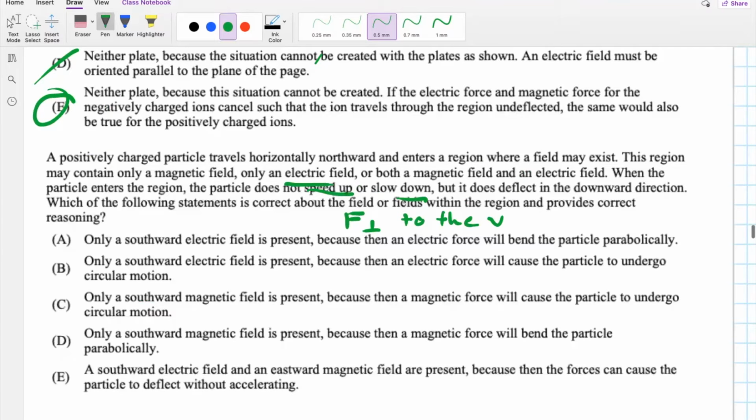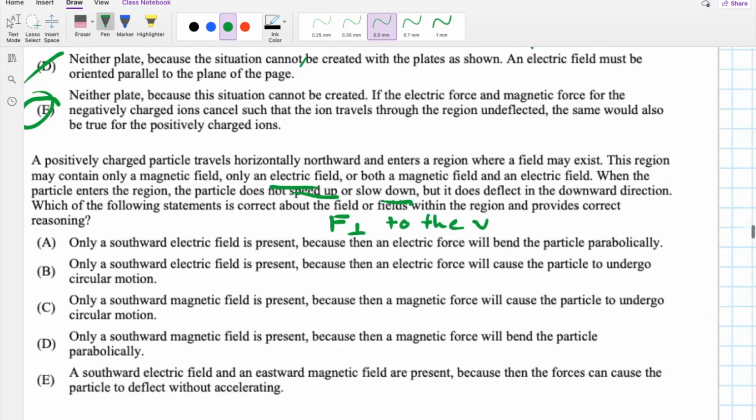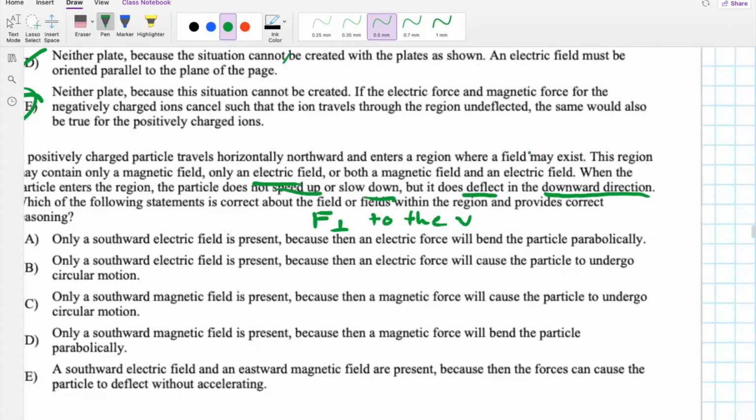Now, for the magnetic field, I think a magnetic field can exist on its own, because we've learned that when a magnetic field acts on a moving particle, its force is perpendicular to the velocity. Now, here's the part I am a little concerned with: is this deflection in the downward direction perpetual? Is it always going to be downward, or is it just initially?